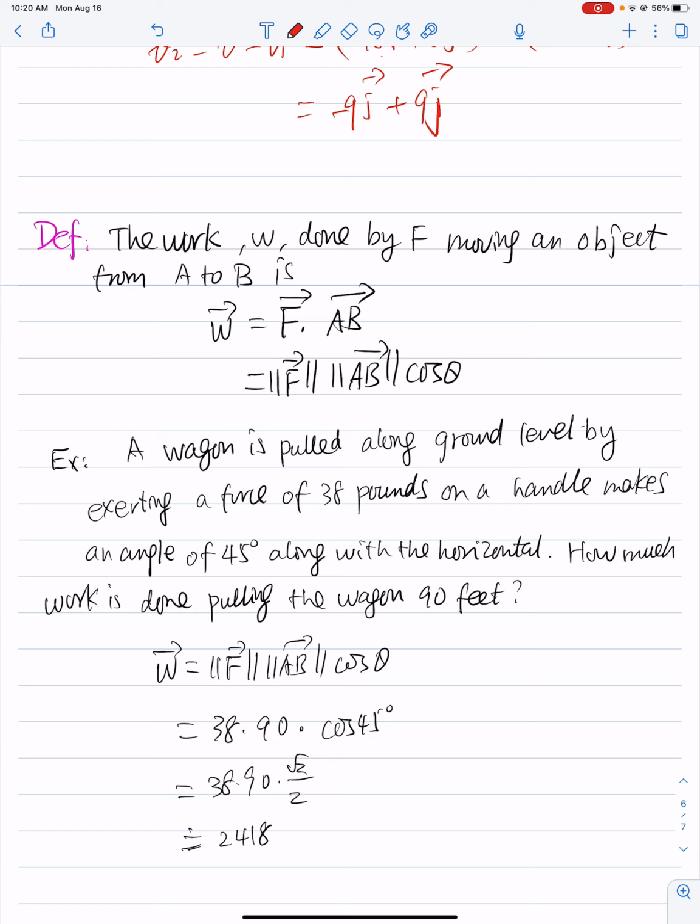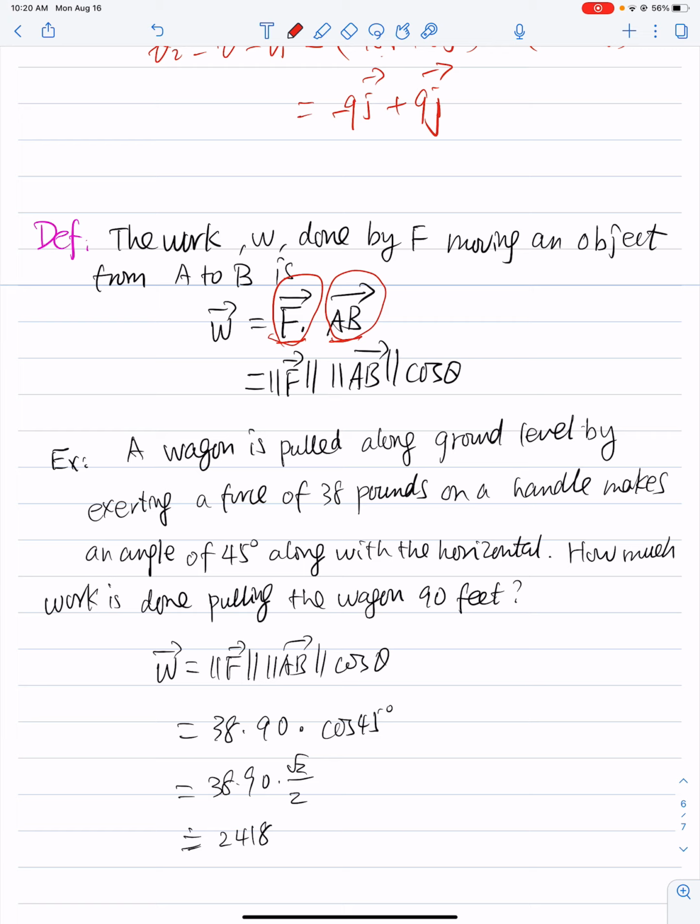Now we want to make a definition. Work is equal to F dot AB, where these two things are vectors. A vector is a directed line segment, so it not only has the magnitude, it also gives you direction. So life can be super easy.